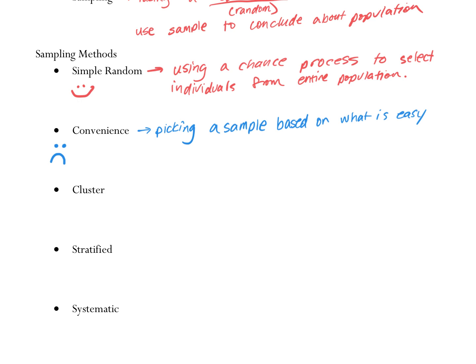So, for example, let's say Mr. Belk and Mr. Mahan are talking about food options in the cafeteria and they wanted to get a random sample of students, and they asked me to get a sample of students.